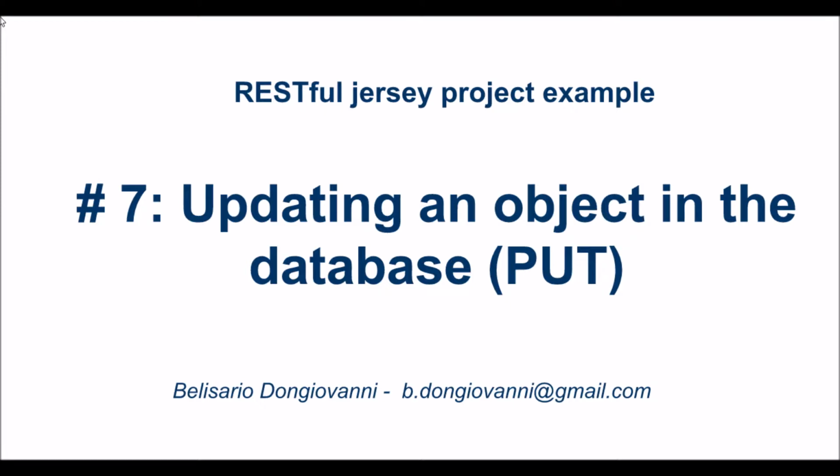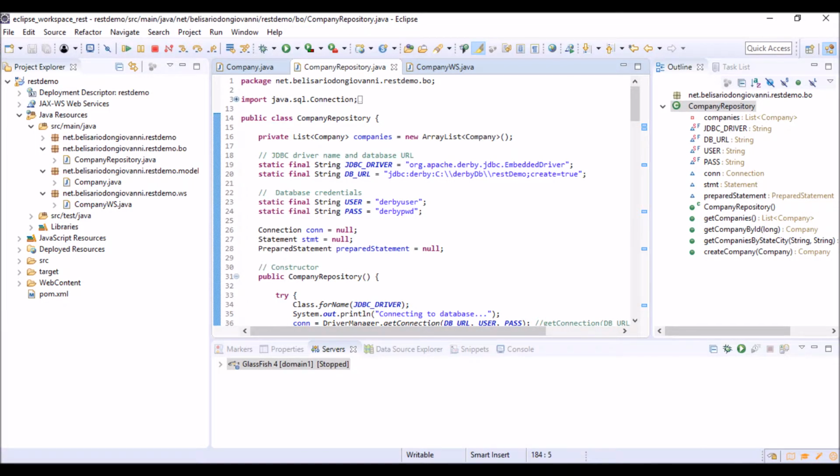For example, we will see how to set the HTTP status code of the response. Or we could also use this object to send back to the client application cookies or other features of the response object. First of all, let's create a method that updates an object into the database.